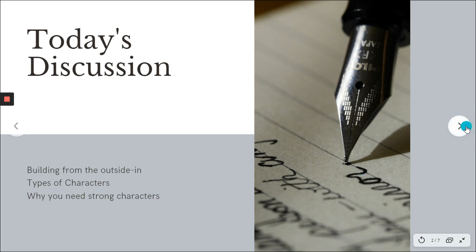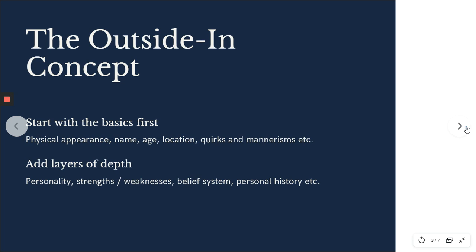So let's get started. The outside in concept is really this idea of doing it backwards almost. Like you're starting with the minor details of a person. A good analogy would be when you meet a stranger on the street.